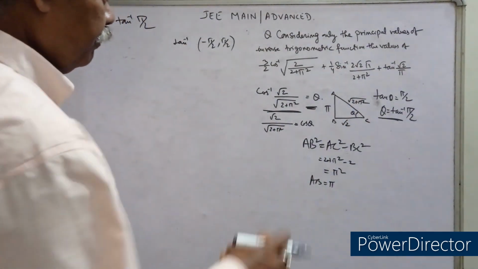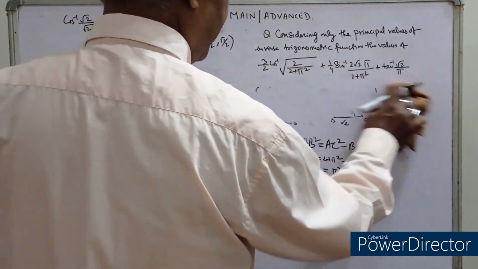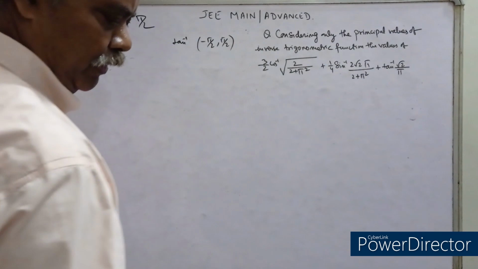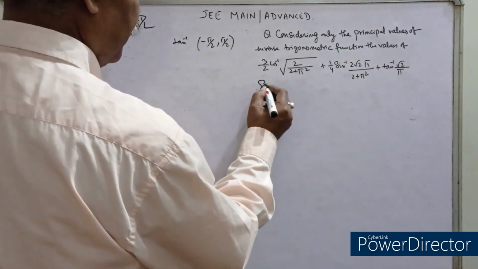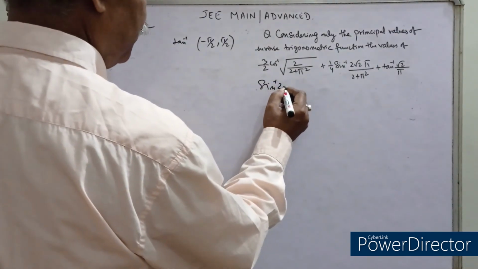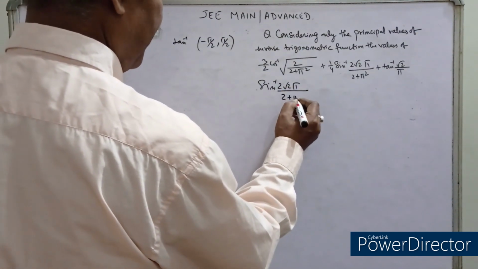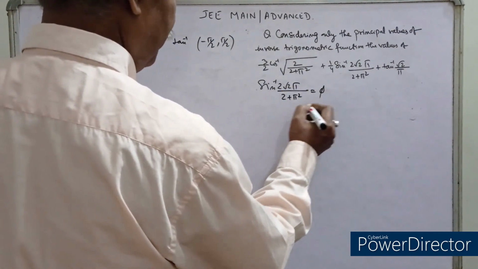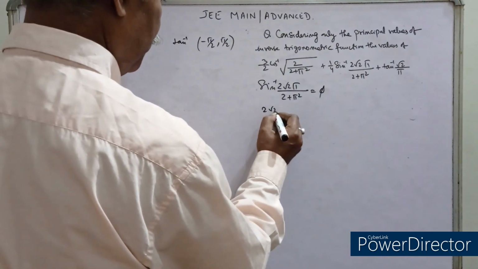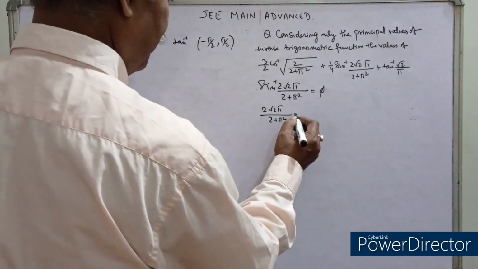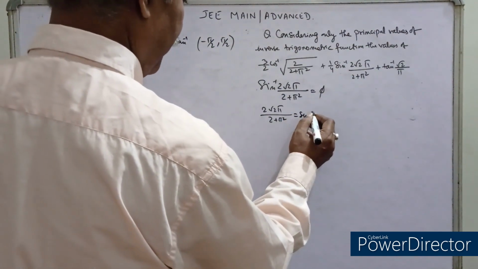For this sine inverse, you can see here, your sine inverse of 2 root 2 pi by 2 plus pi square, let this be phi. So 2 root 2 pi by 2 plus pi square is equal to sine phi.